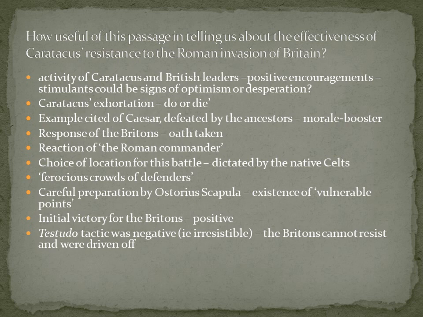He looks at the points of weakness. He works out the best technique to take before the Romans launch into battle. And although we've got the initial victory for the Britons, the testudo tactic was irresistible. The Britons cannot resist it, so they're driven off by the training of the Roman army.